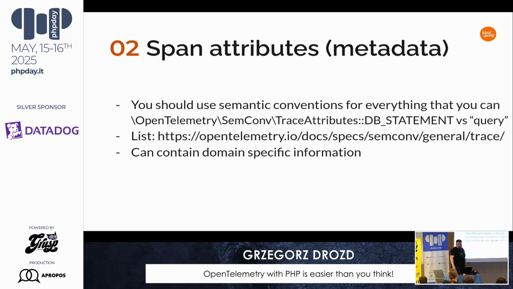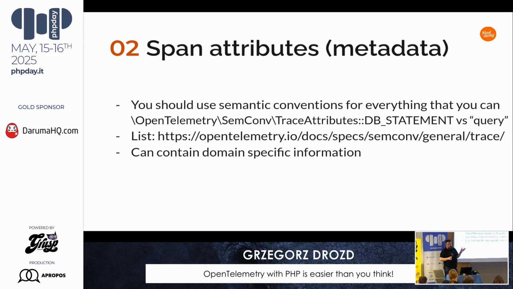The span metadata is a standard key value store, but there is one thing that I strongly recommend. Instead of using keys that you think about, use the keys that are described in the OpenTelemetry documentation. It helps a lot, especially if you're using some out-of-the-box tools like New Relic or something else, because they expect some data in the attributes.